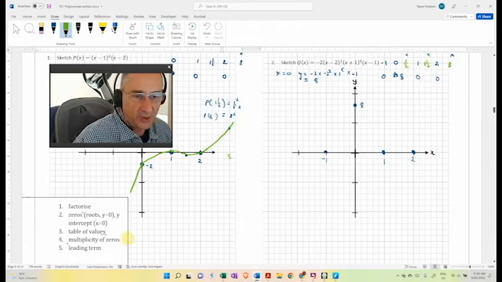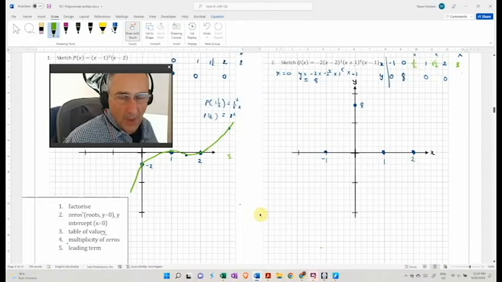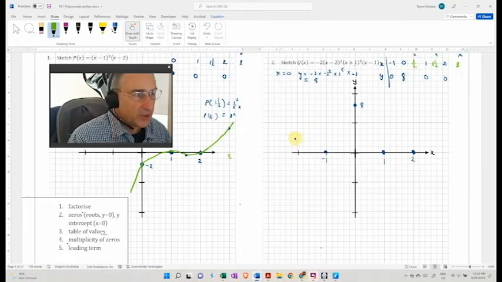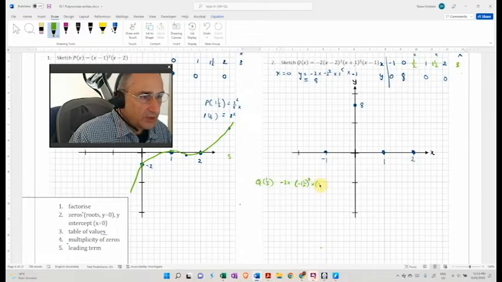Then we can have a look at the multiplicity of zeros in the leading terms so that we can form that shape properly. So let's calculate those additional points. We've got q of a half, and we go back to the q function: minus 2 times a half minus 2 is minus 1.5 squared, times half plus 1 is 2.5 to the power of 5.